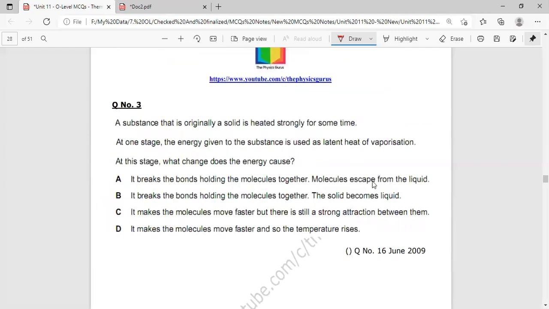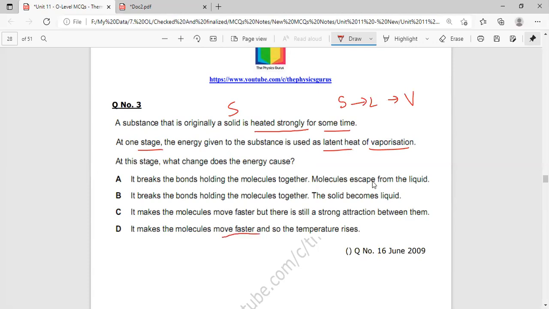A substance is originally solid, heated strongly for some time. At one stage, the energy given to the substance is used for vaporization. So it means the solid was converted into liquid and the liquid was turned into vapors, and the latent heat word is used over there. So now we have to select at this stage what change the energy causes. It makes molecules move faster?